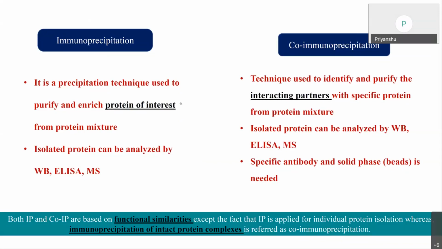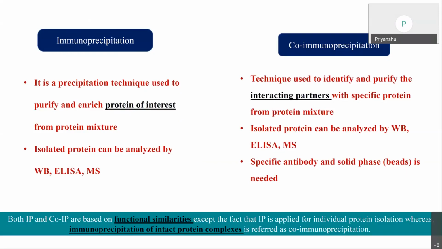In both techniques, one important point is that a specific antibody and solid phase beads are required. So both techniques are functionally similar, but IP is mainly used to isolate an individual protein from a mixture, while co-IP is mainly used to isolate a complete, intact protein complex.